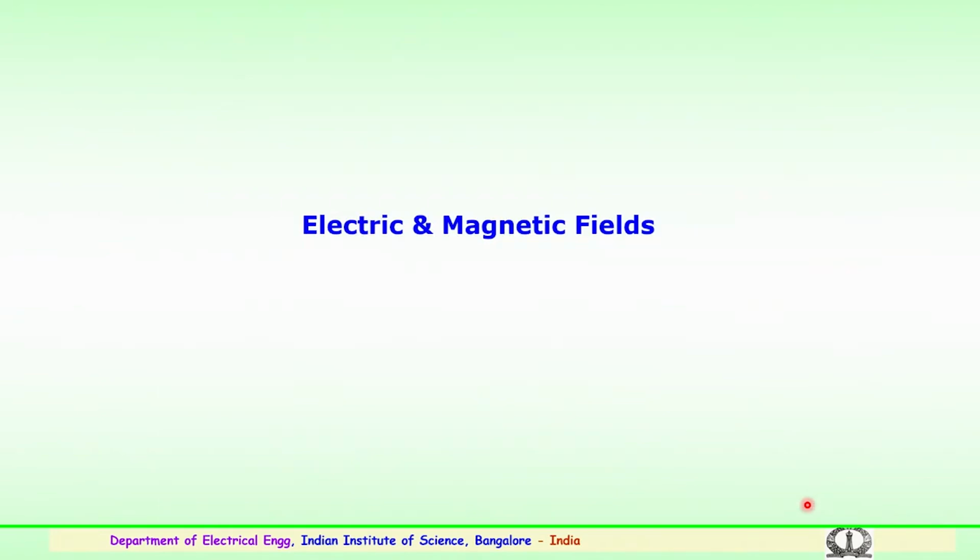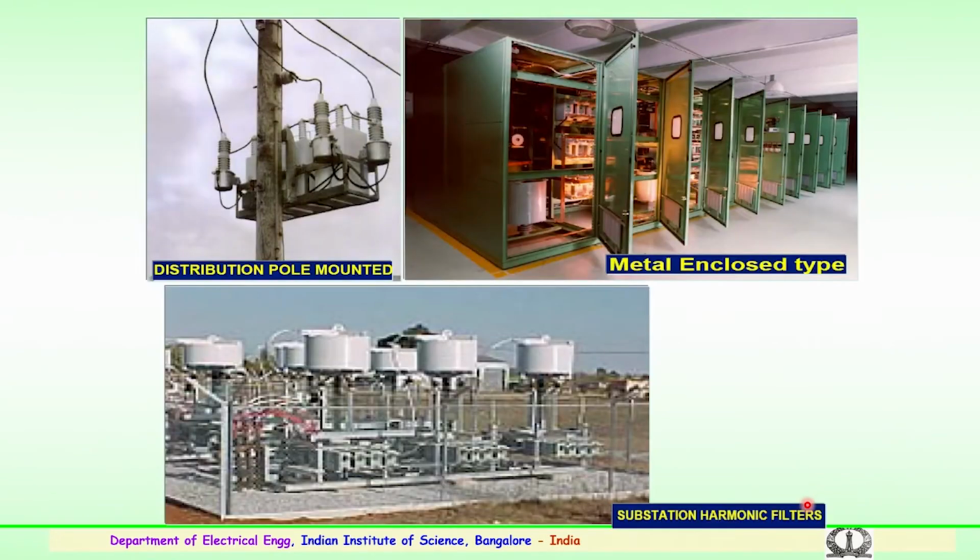So, that was about the main equipment housed in any substation, very important. Further to this, in any substation, because of the various components and the operation at very high voltage levels, the important aspect to be considered is the electric and magnetic fields.